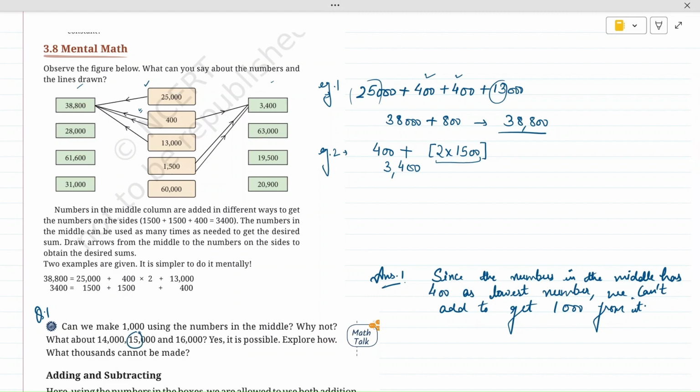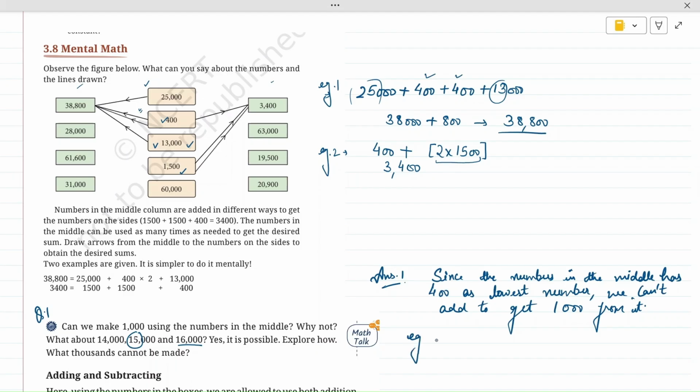For 15,000 we can use 13,000 and 400 to make 15,000. Okay, and for 16,000 we can use again 13,000 and twice of 1,500. That will give us 16,000.